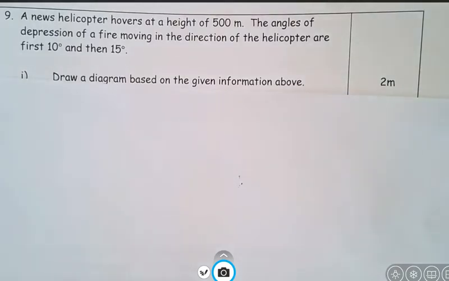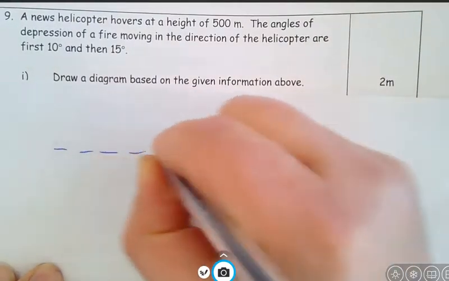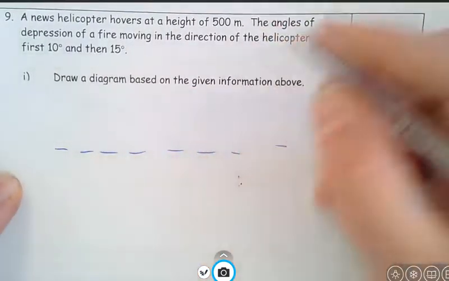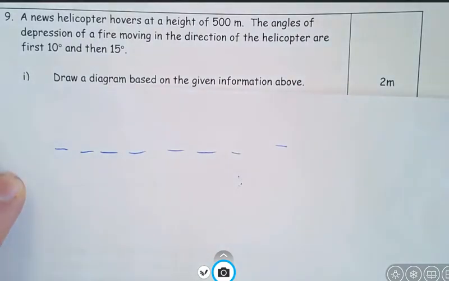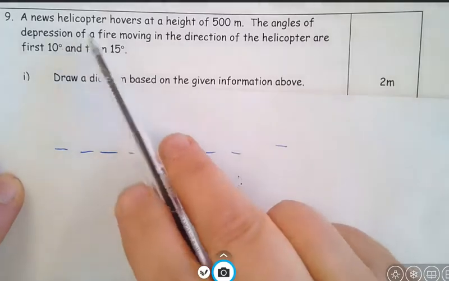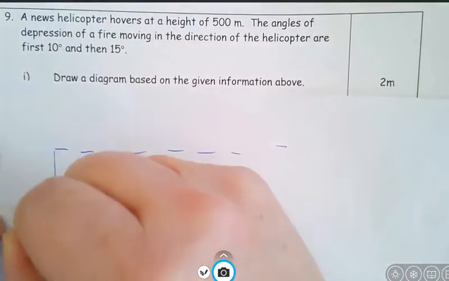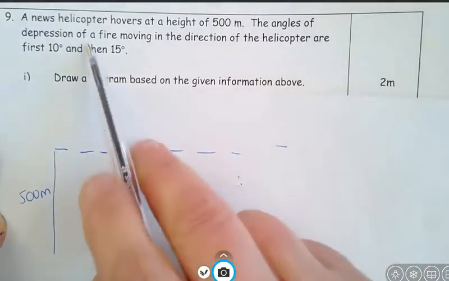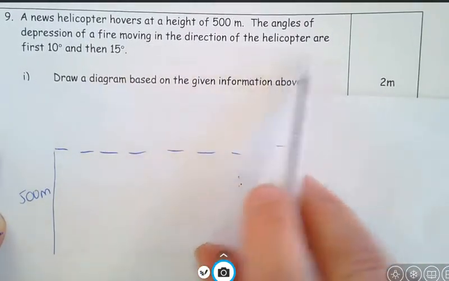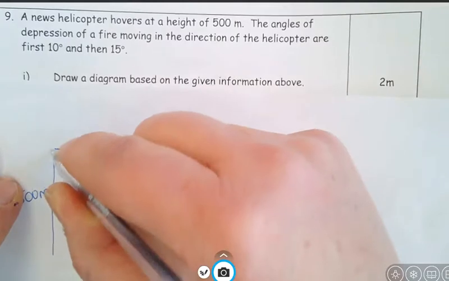Come to draw angles of depression and things like that. Remember, do you remember me saying, don't we walk around with our eyes straight ahead? So, angle of depression is measured from the horizontal looking down. Your normal eyesight is like that, and then you look down a bit. So, a news helicopter hovers at a height of 500 meters. The angles of depression of a fire moving in the direction of the helicopter are first 10 degrees.